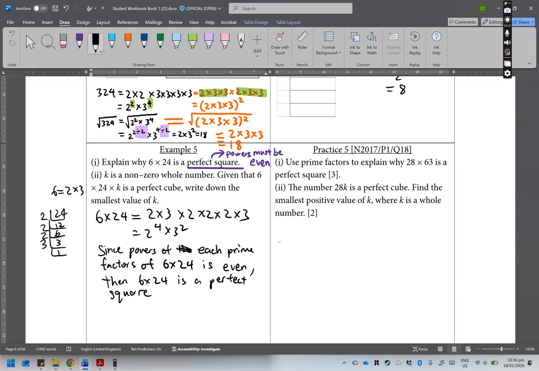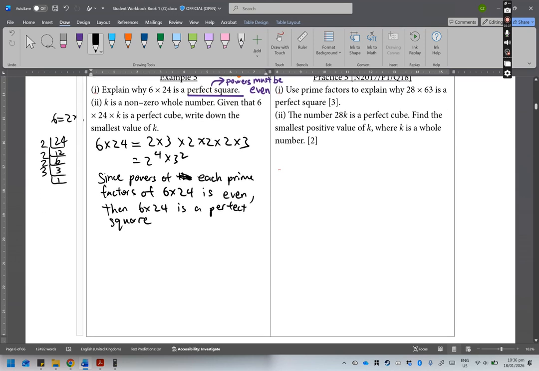So if 6 times 24 times k is a perfect cube, this means that 2 to the power 4 times 3 squared times k is a perfect cube.